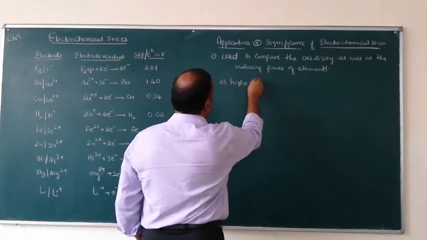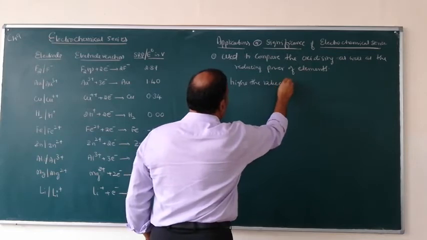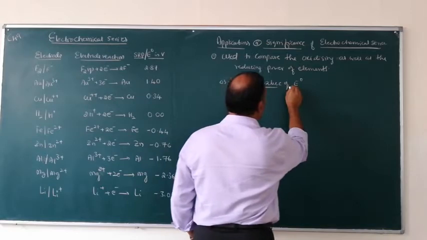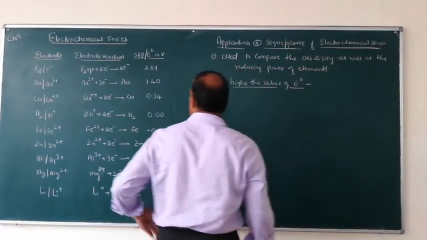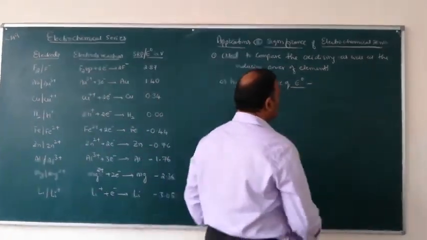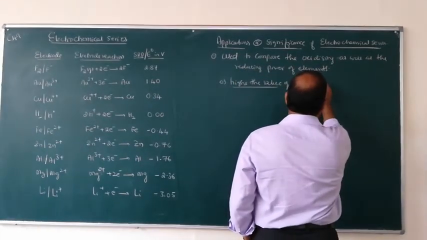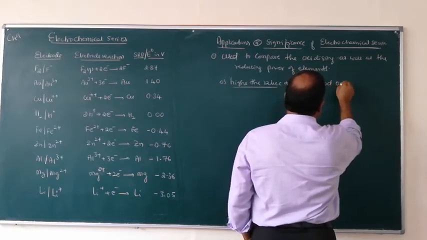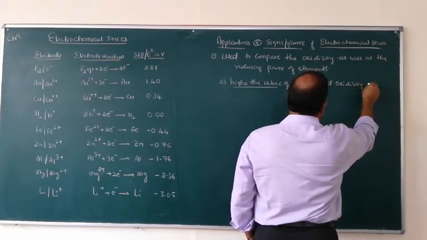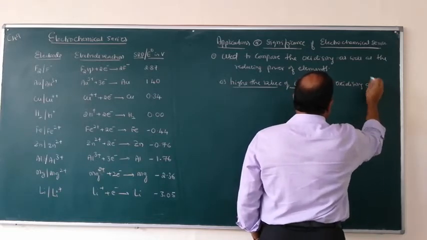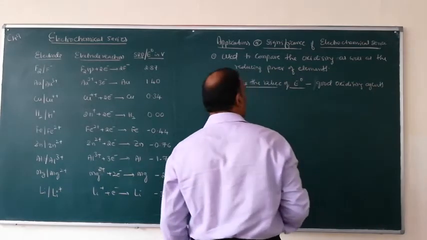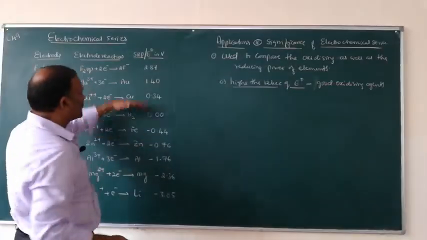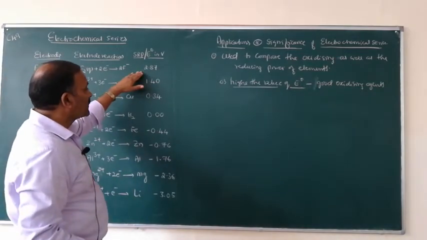higher the value of E naught, higher the value of electrode potential, they are good oxidizing agents. So if the value of reduction potential is high, it is a good oxidizing agent.